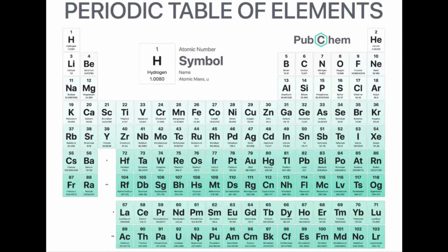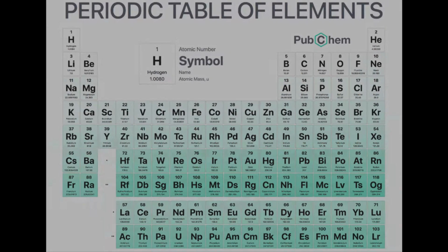Elements that don't otherwise have a full set of s and p orbitals can borrow electrons from other elements to get the full set and gain stability by sharing electrons with other atoms rather than relying on having those electrons all to themselves.